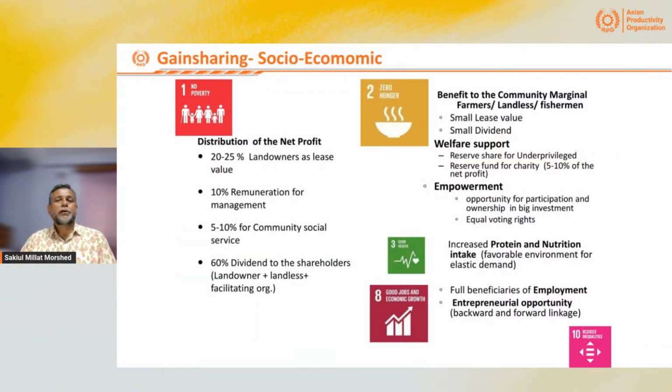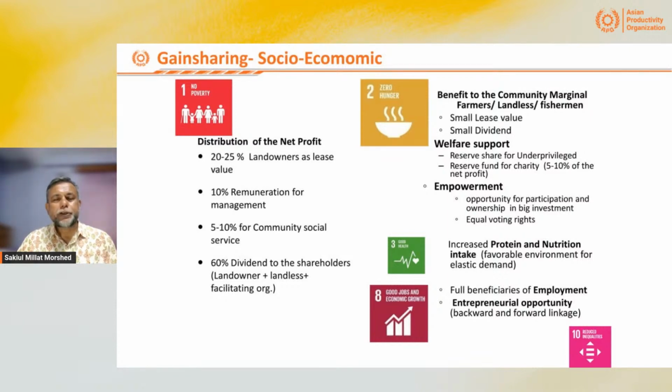So, in regards to gain sharing, how profit or gain is shared across the society, we can see this in the slide on the left. This is how the net profit is distributed among the stakeholders.